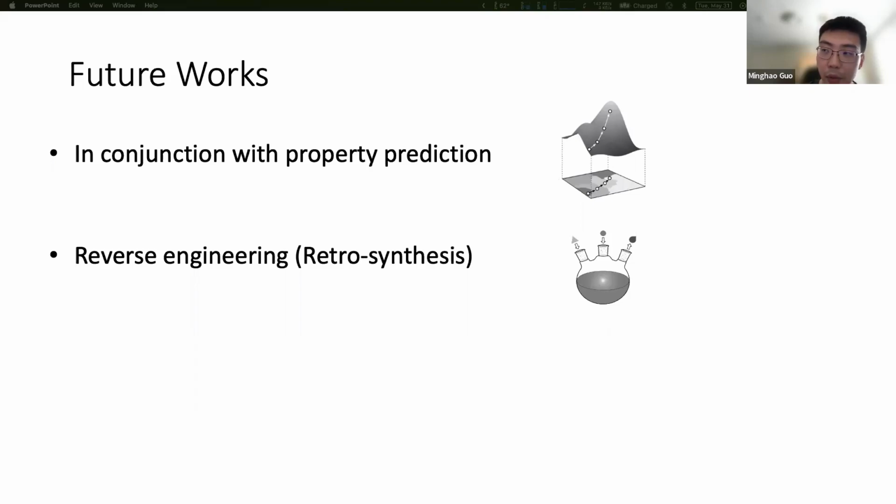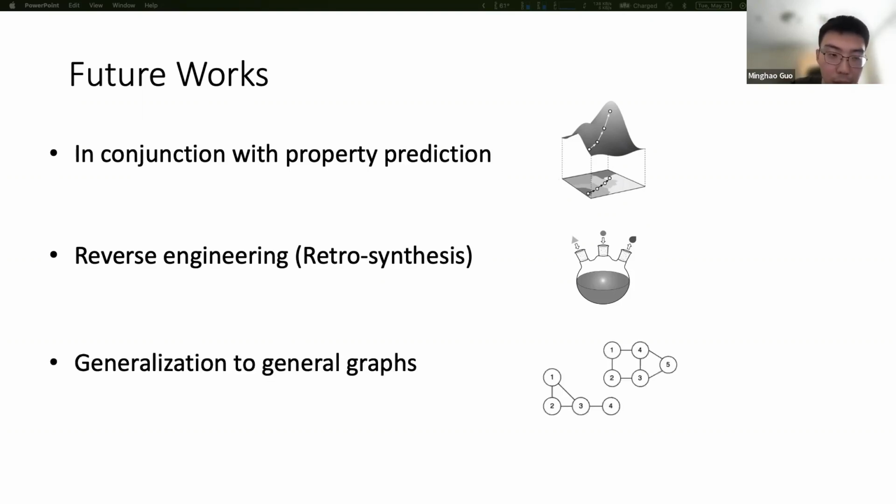But I think the grammar can reveal some very nice synthesis processes or reactions. So it will be really interesting to see whether the automatically learned grammar has some rules that directly correspond to reactions, or can maybe discover new reactions between the subcomponents of the molecule.